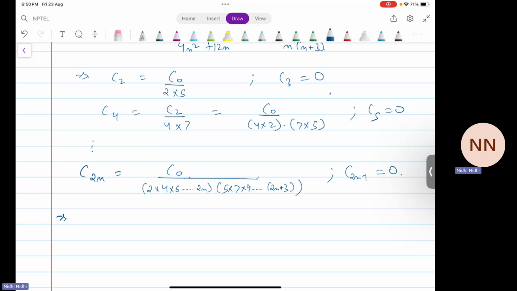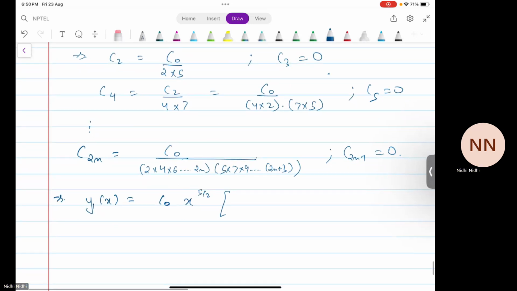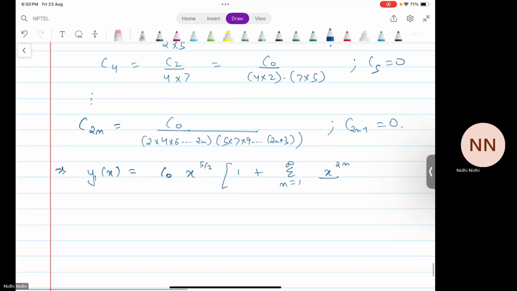So we can write y1(x) is equal to C0 x to the power 5 by 2 times 1 plus summation n from 1 to infinity x to the power 2n by 2 into 4 and so on up to 2n times 5, 7, so on up to 2n plus 3.